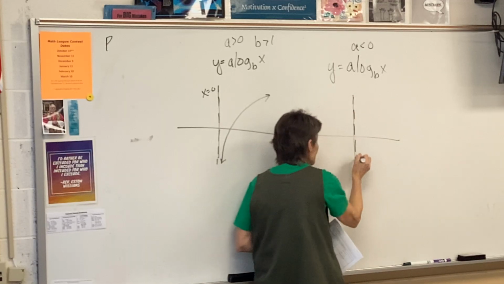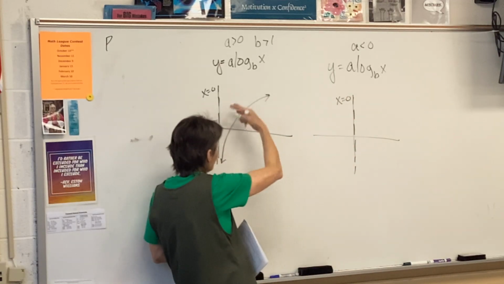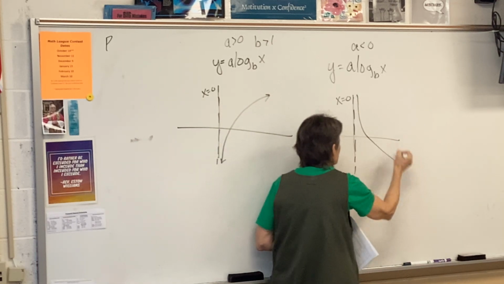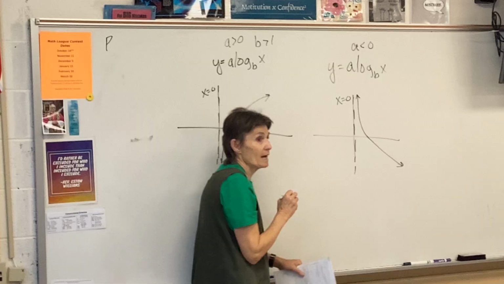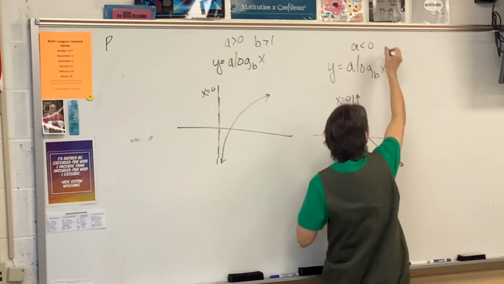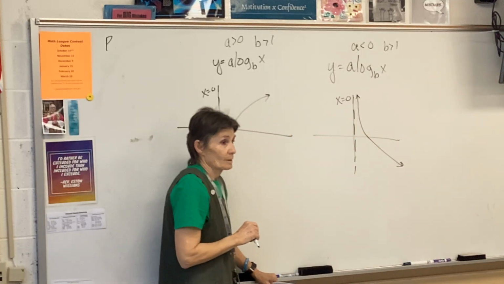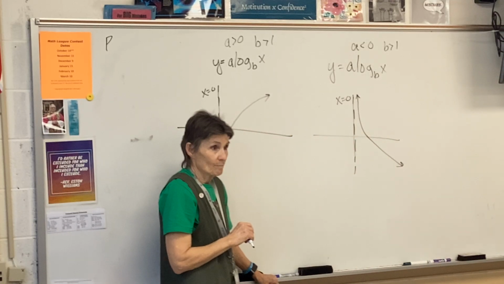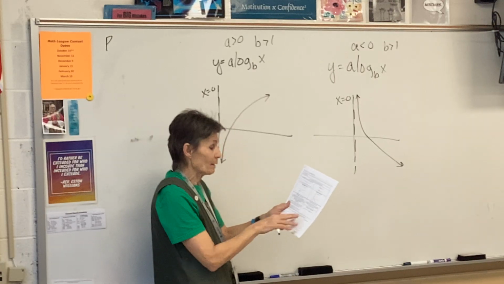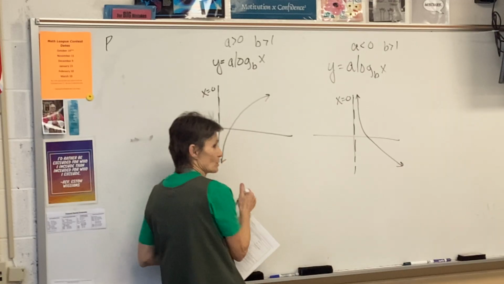Still have an asymptote at 0, but now we have flipped it so it looks like this. Would you agree with that? So that is the exact same curve. So A is negative, B is still bigger than 1. And there we go. Now, let's pause a second. We're going to talk about end behavior and all that, but I want to just pause for a second and put some numbers in here.